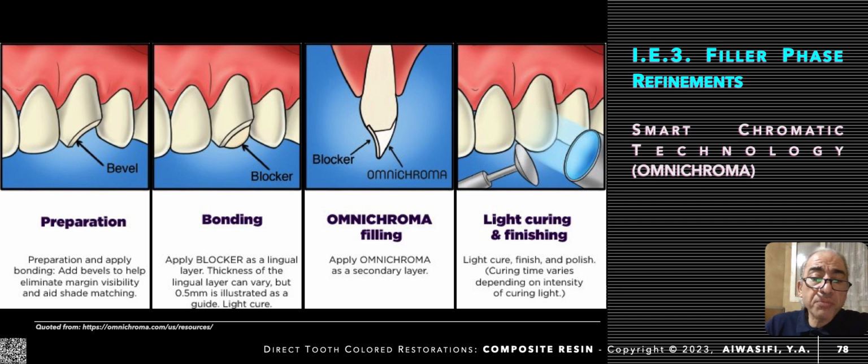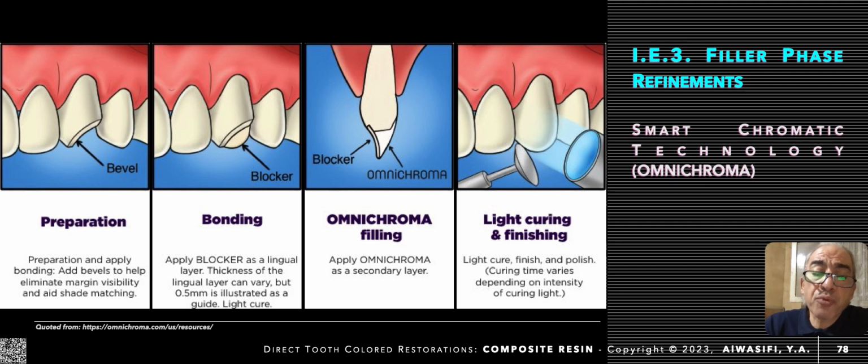If you apply your chromatic composite without opaquer, it will reflect the color of the tongue, the color of soft tissues, and it appears pink. And you are working inside the anterior region, and it will be a great problem in such a condition. How could you manage this?